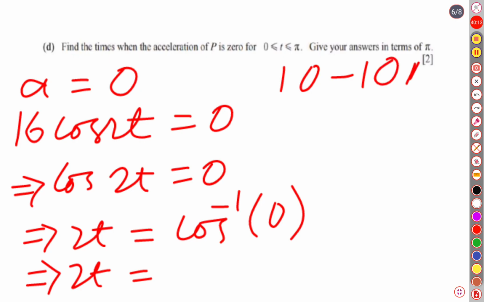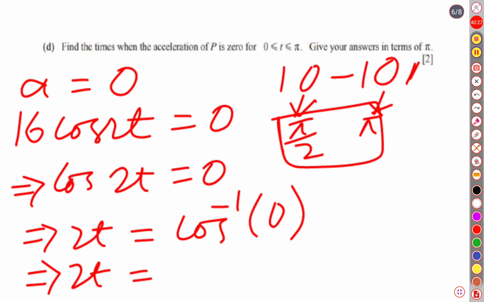So here we are searching for 0. Cos inverse of 0 is pi over 2, and again 0 occurs at a difference of pi. So when 2t is equal to pi over 2 or 3 pi over 2, cos is equal to 0. First value is pi over 2 and the next value is pi. Using your calculator we can find this: cos inverse of 0 is equal to this.